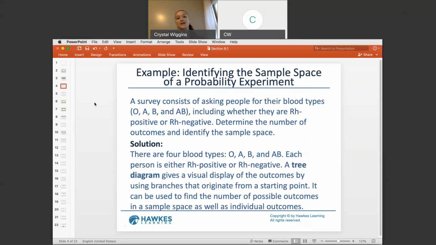And there's also a positive and negative that are attached to these blood types, which makes them completely different from each other. So when we are determining the number of outcomes and identifying the sample space, we first have to decide what are the possible combinations for outcomes, and all of those individual outcomes create the sample space.